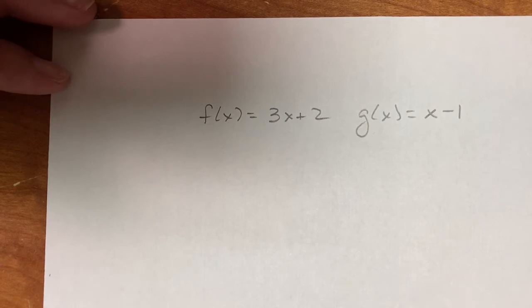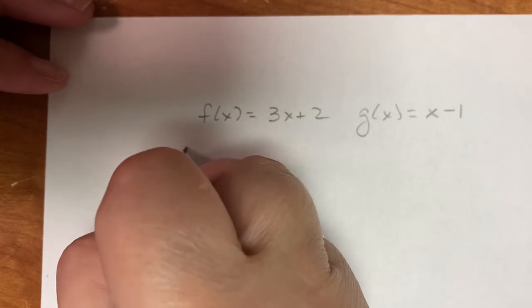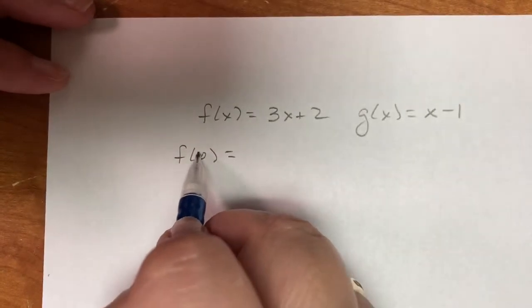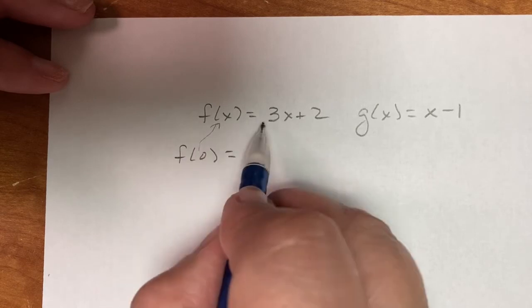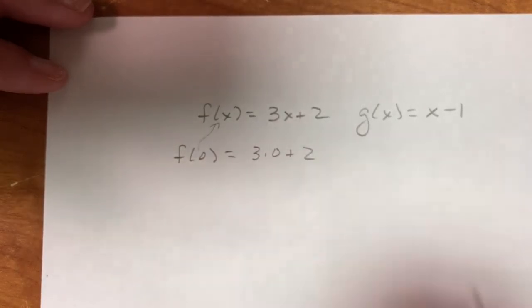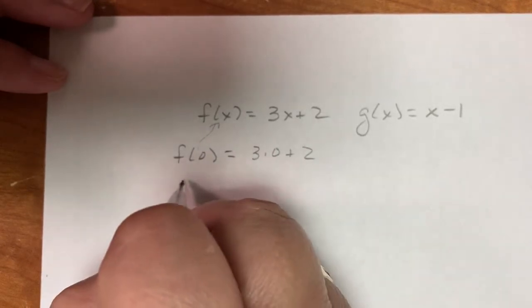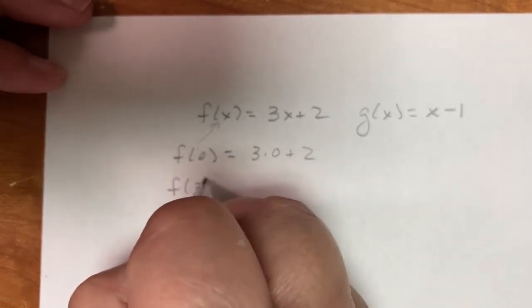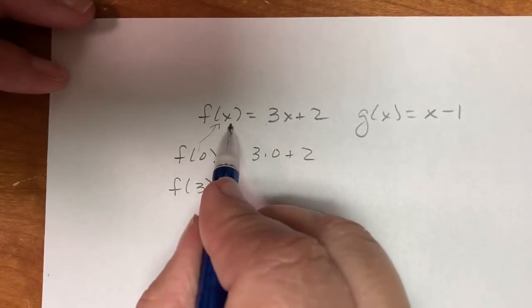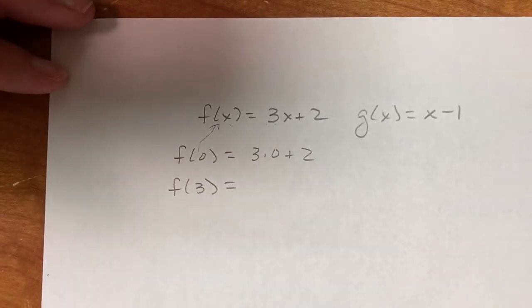So we know about function notation. We've talked about it before. We know that if I want f of 0, that simply means that I go to my f function and I plug a 0 in for x. If I want f of 3, I go to my f function and plug a 3 in for x.